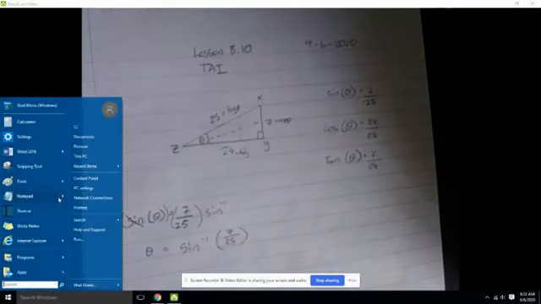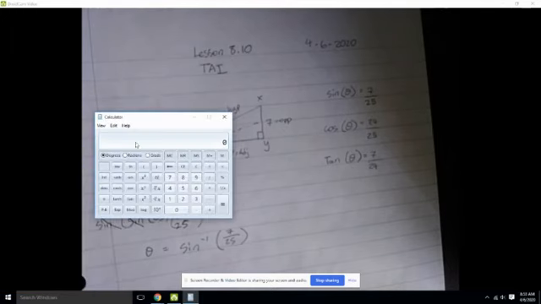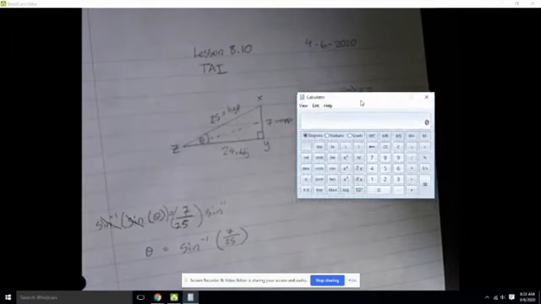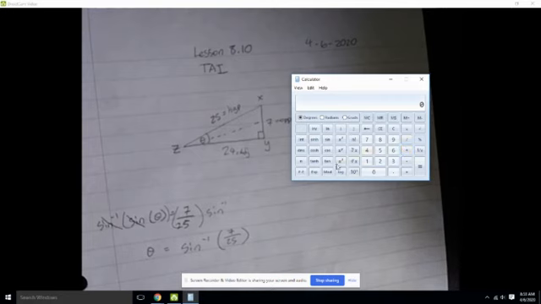Okay, so let's put that in the calculator so you can see what that would look like. All right, I think this one is inverse. There we go. So we would have 7 divided by 25.